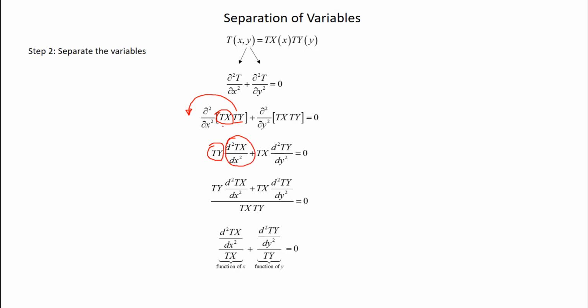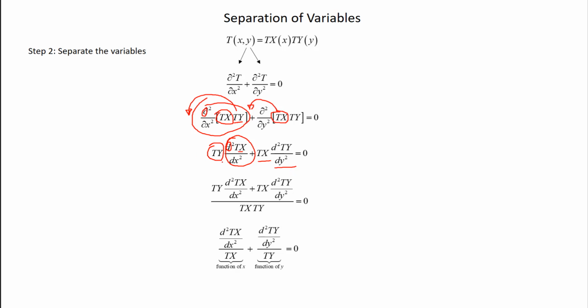And actually the other nice thing you can see is that these partials became ordinary derivatives because T_x is only a function of x. So this becomes T_y times d squared T_x dx squared. Same thing here. In this case, T_x is not a function of y, so I pull it out, and I'm left with T_x times d squared T_y dy squared, right? So that's progress.